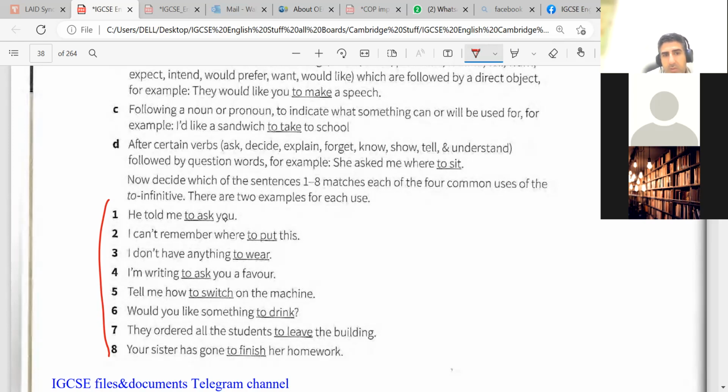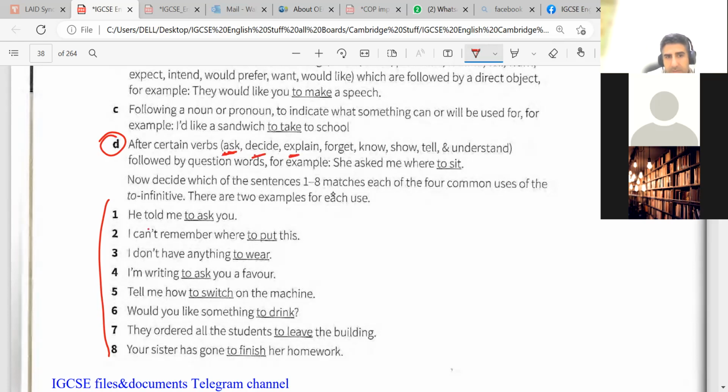He told me to ask you. Here, to ask, which function? Why do we use the to infinitive here? Check, after certain verbs, ask, decide, explain.